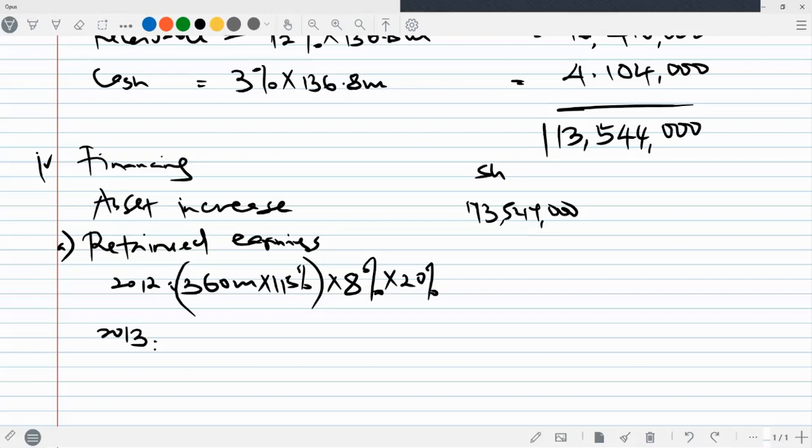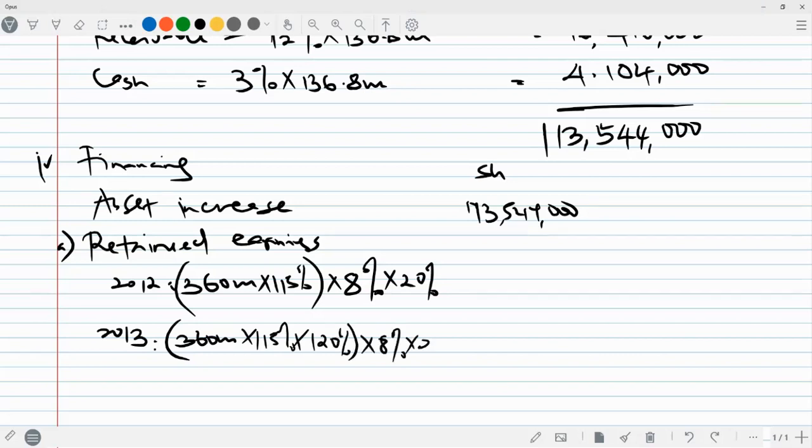The same applies for 2013. The sale for 2013 will be equal to 360 million times 115% times 120%, times 8% being the profit return, and then the company pays 80%, it remains with 20%.